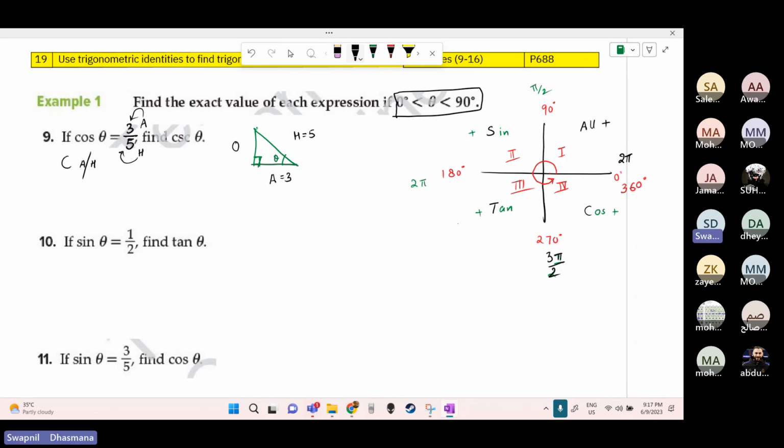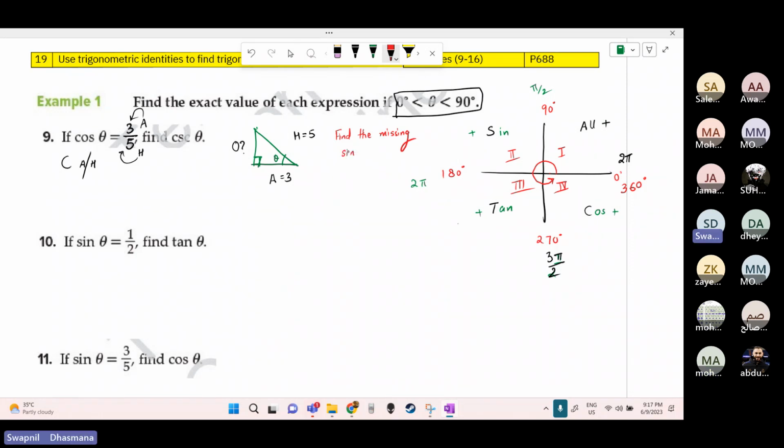How do I find O? How do I find O? Five minus 3. Very good.